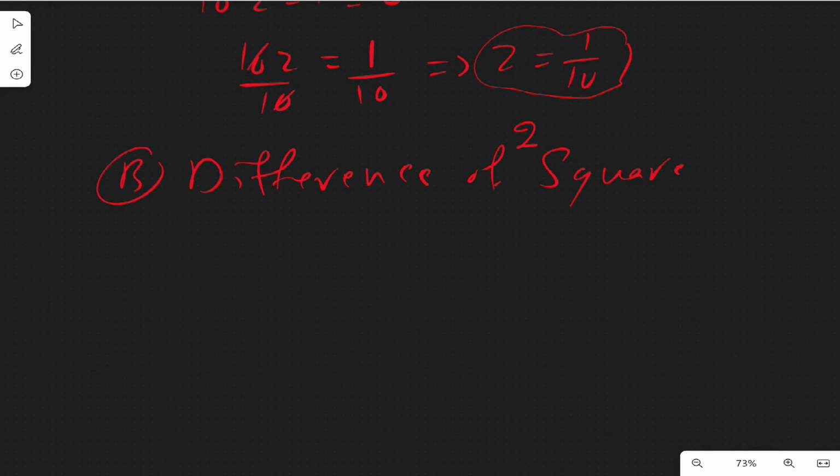So it's just like x squared minus y squared. It can be done as two brackets, x and x, minus and plus, y and y.